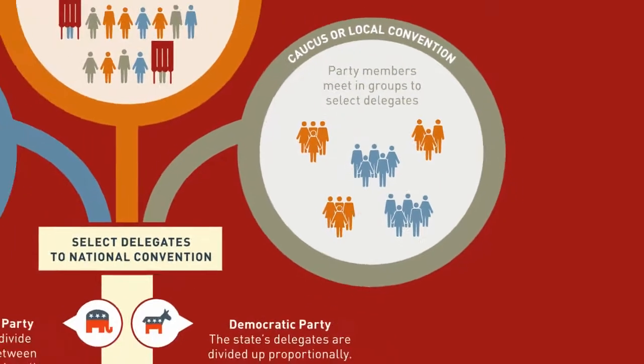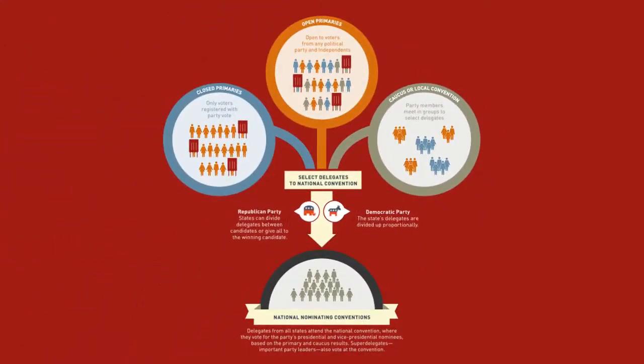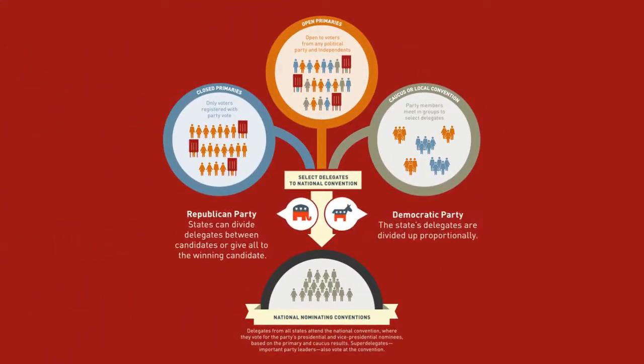In addition to state differences on primary type, the political parties differ in how delegates are awarded to the various candidates. The Democratic Party awards delegates proportionally. So, a candidate who wins 51% of the vote gets 51% of the delegates. In some states, the Republican Party awards delegates proportionally as well.